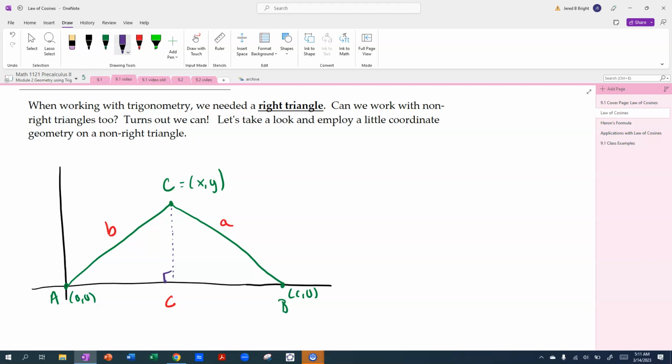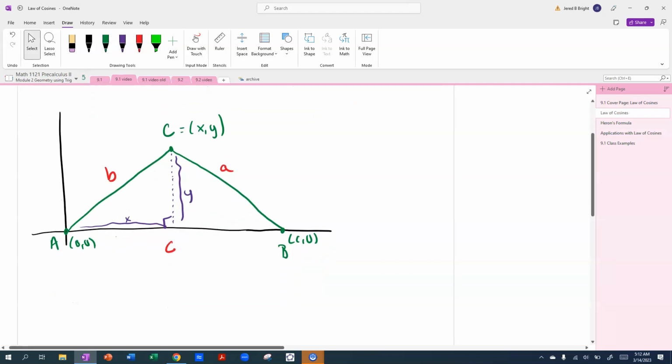And in this triangle, if I look at this right triangle now, this distance here would be x, and this vertical distance would be y, in order to get to C. All right, so then I'm in a right triangle.